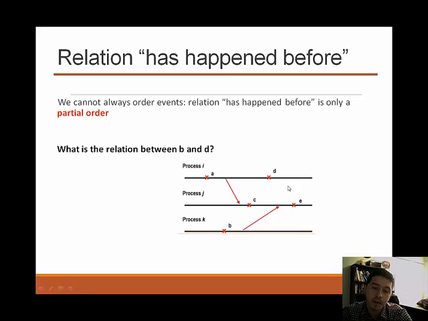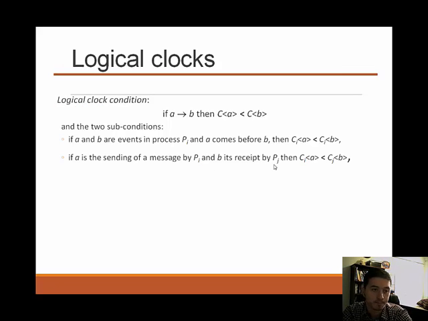We know other relations, A and C, C and E, B and E, but we have no information between B and D. So therefore we say that the relationship "happened before," until now, is a partial ordering.